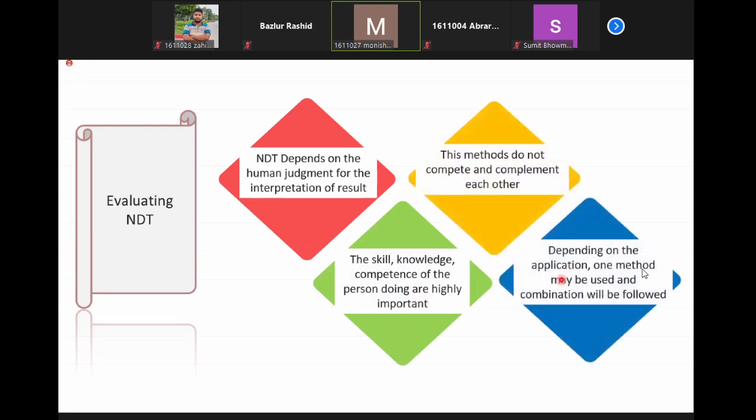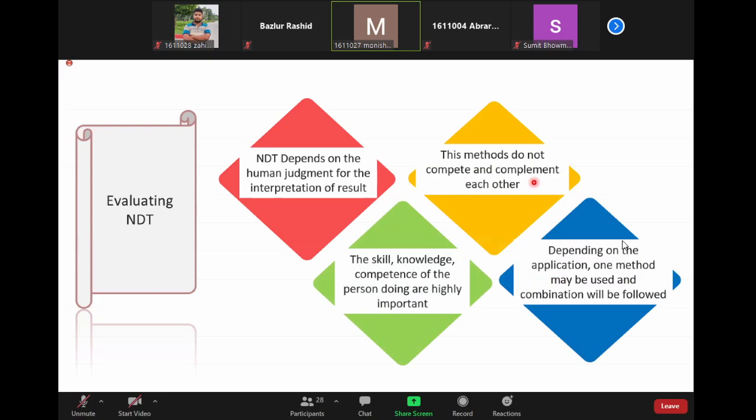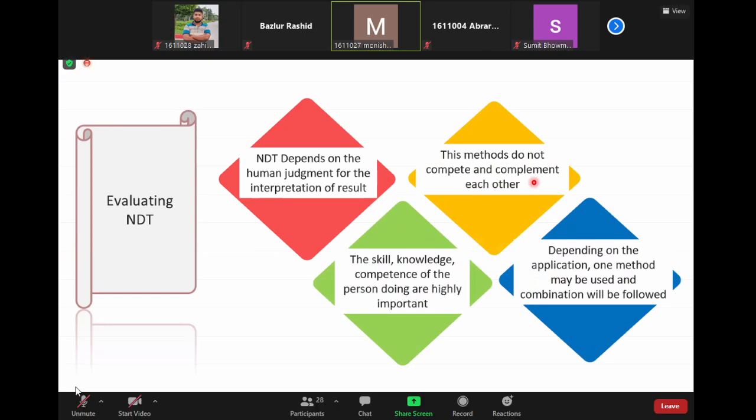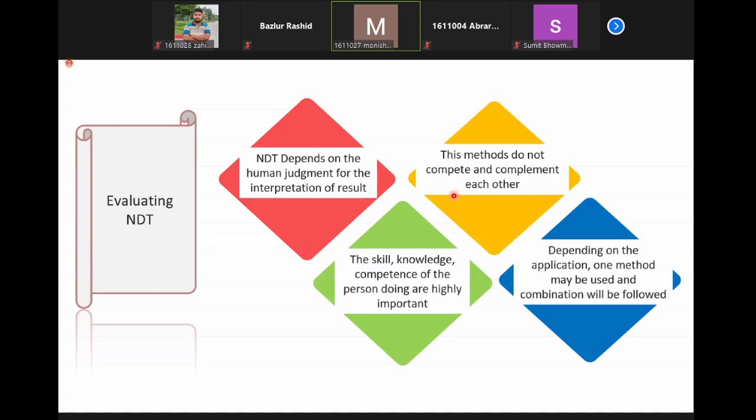We can choose one method or a combination of methods, but we cannot come to conclusions saying that one method is superior to the other by competing them. It's always best to use a combination of them to get a better result and to predict much better about the quality of the casting.